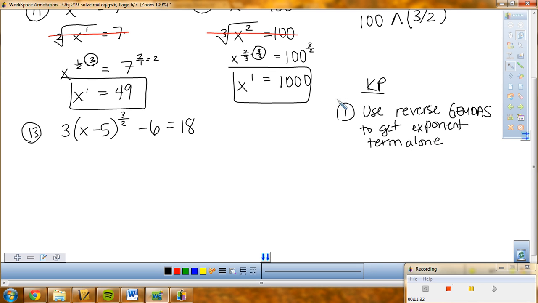Since the exponent is the radical, we want to do the same thing we did before. Use reverse GEMDAS to get the radical alone, use reverse GEMDAS to get the exponent alone, and then finally we want to multiply by the reciprocal exponent, which is like undoing the radical.